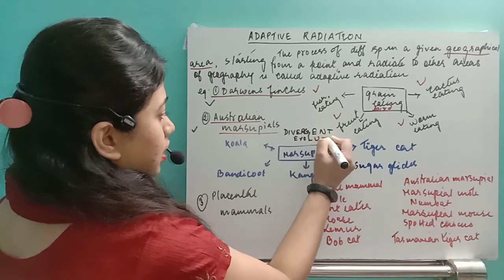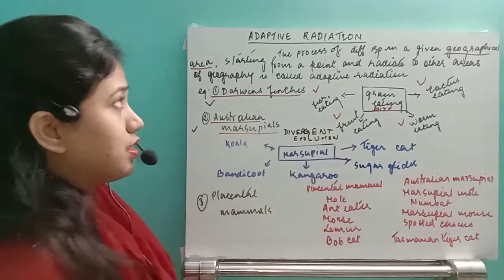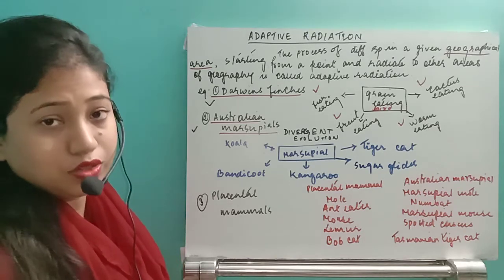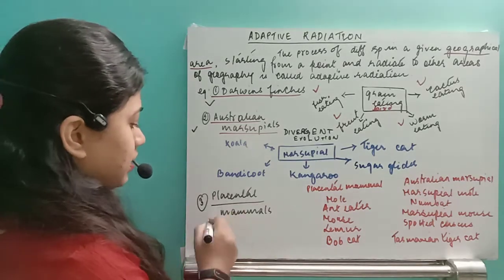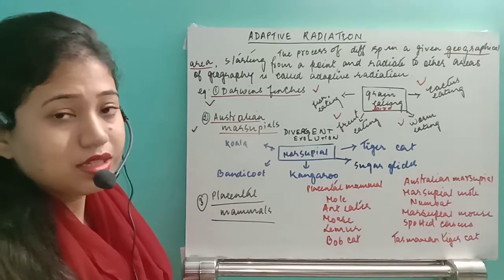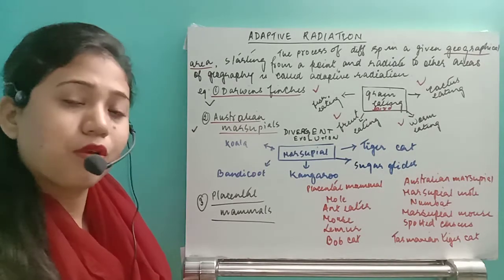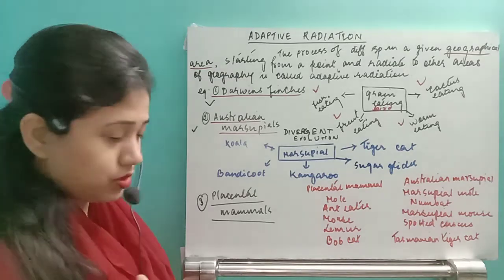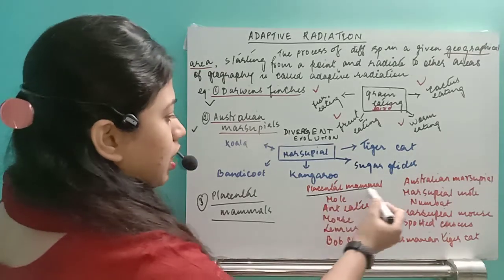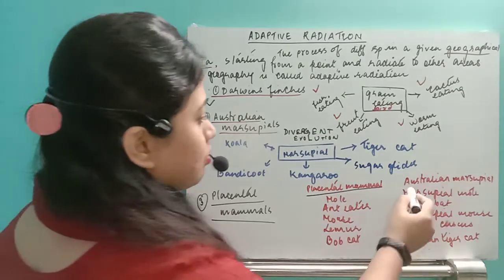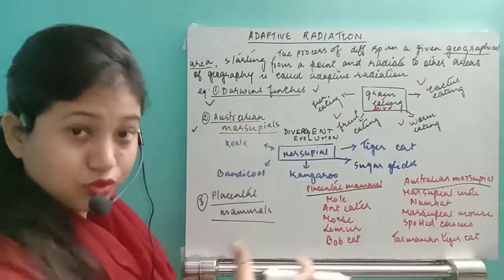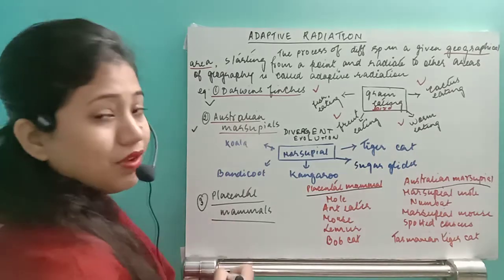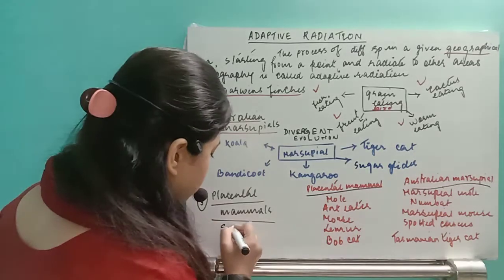Then just see another example, which is also a case of adaptive radiation, but it's different from the earlier two. That is the placental mammals. See, the placental mammals are different from the Australian marsupial mammals, right? In Australia, both these placental mammals and Australian marsupials live together in the same ecological niche.